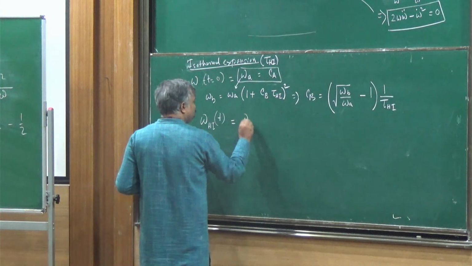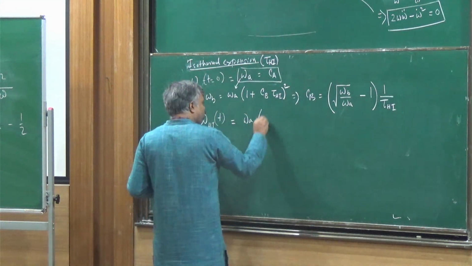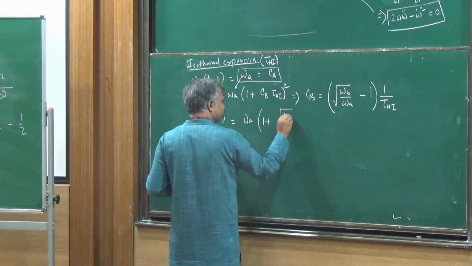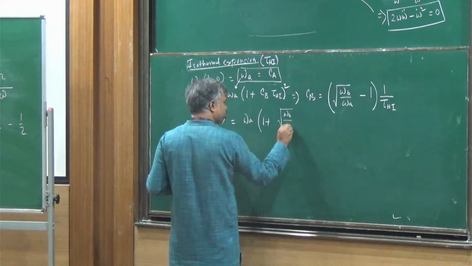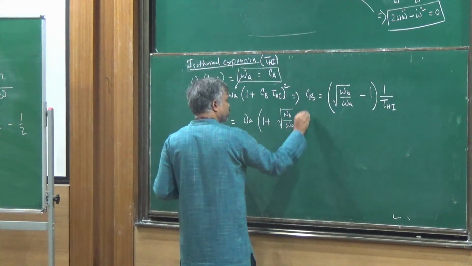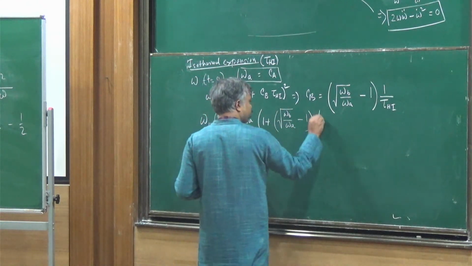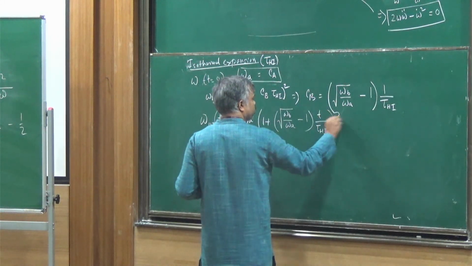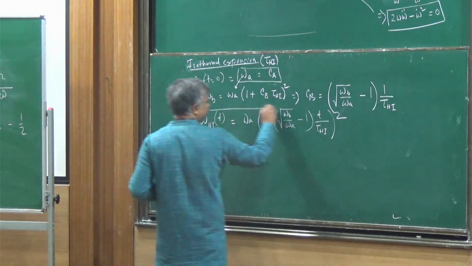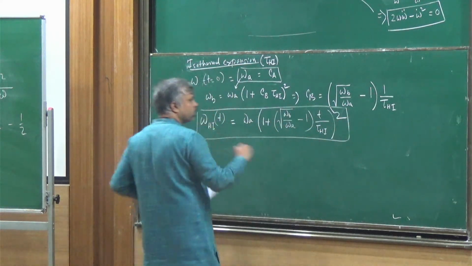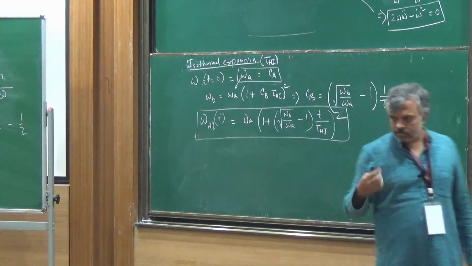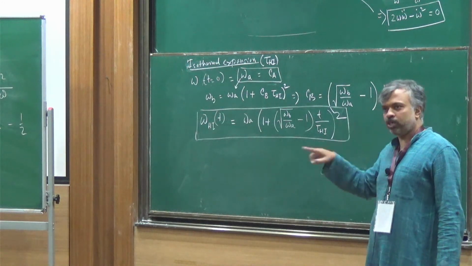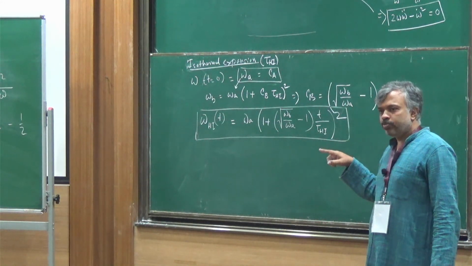So this is omega A, 1 plus... So this is my optimized omega along the hot isothermal path. That is the first isothermal expansion.